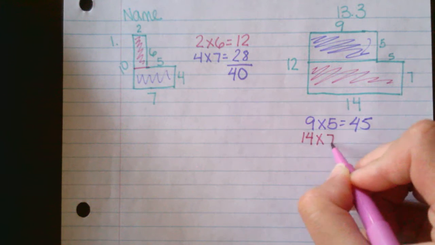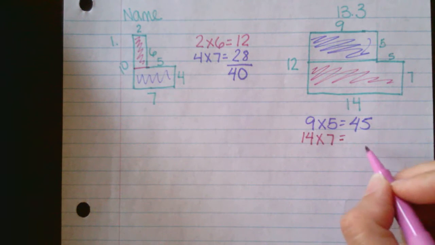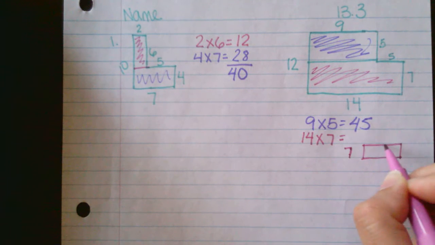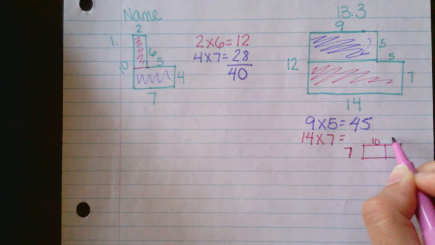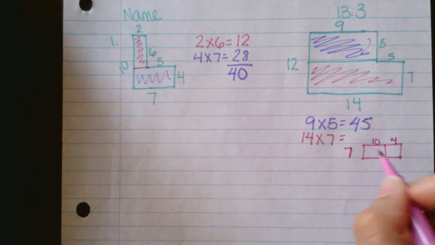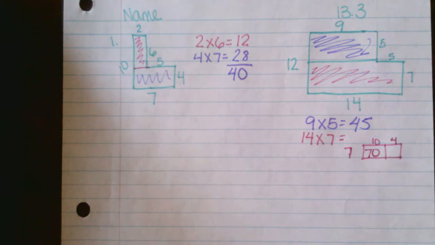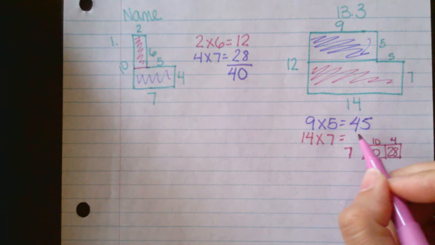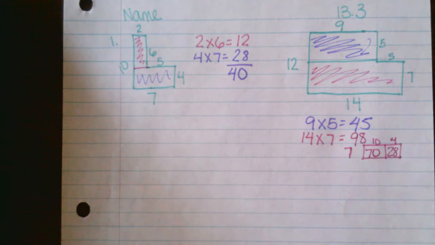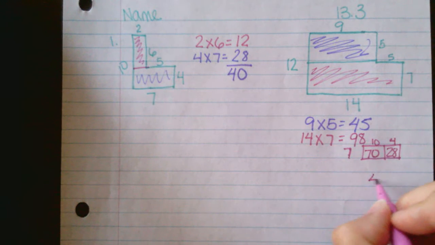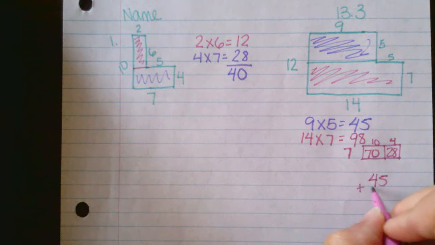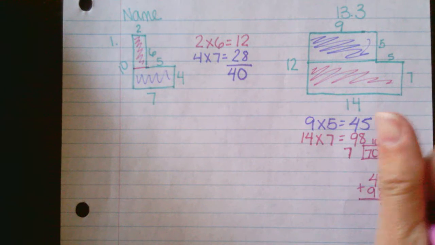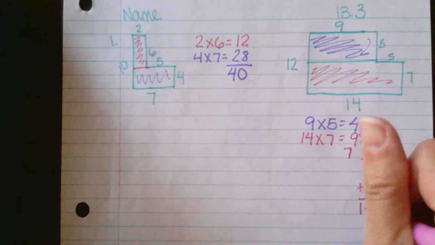So if we do our box method, 7 and our 10 and our 4. 7 times 10 is 70. 7 times 4 is 28. So we're looking at 98. 45 plus 98 gives us 143.